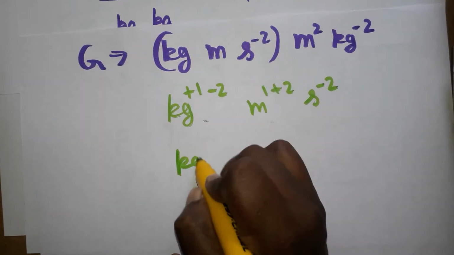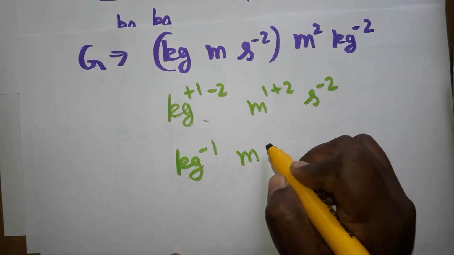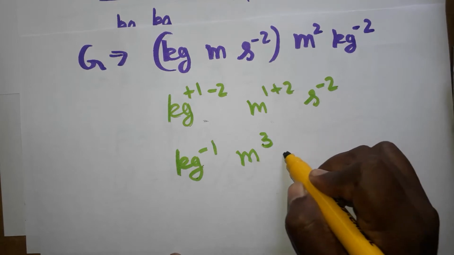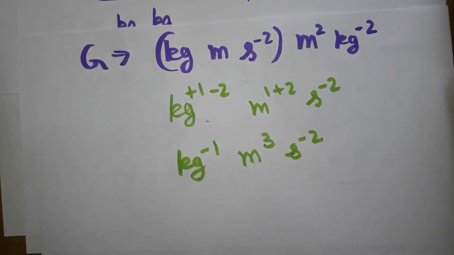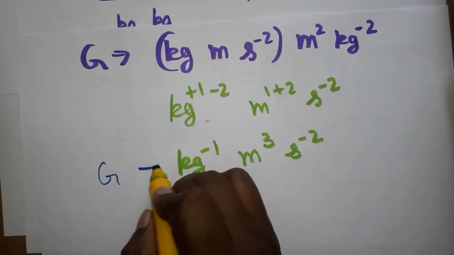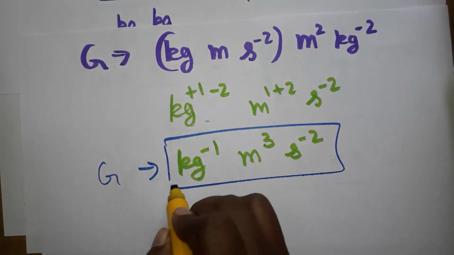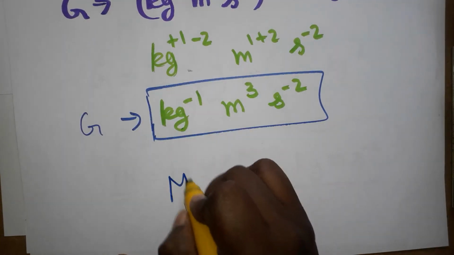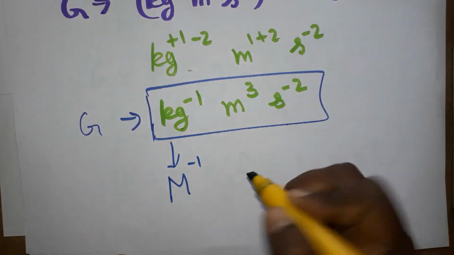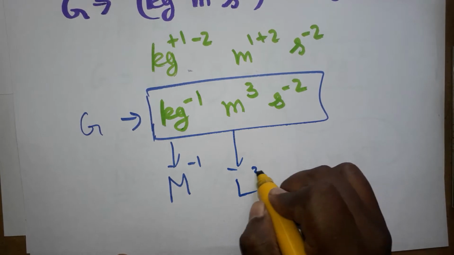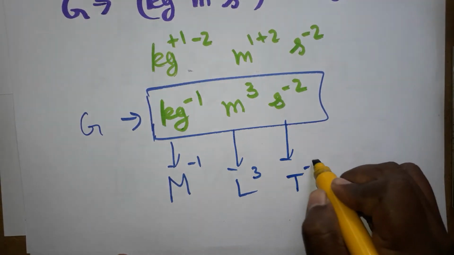So kg minus 1, meter cube, second minus 2. This is the final SI unit of the universal gravitation constant. The dimensional formula: mass M power minus 1, length L power 3, time T power minus 2.